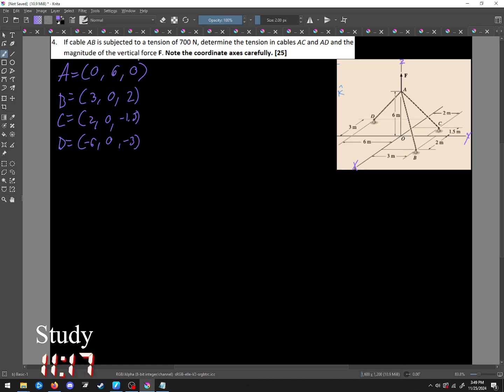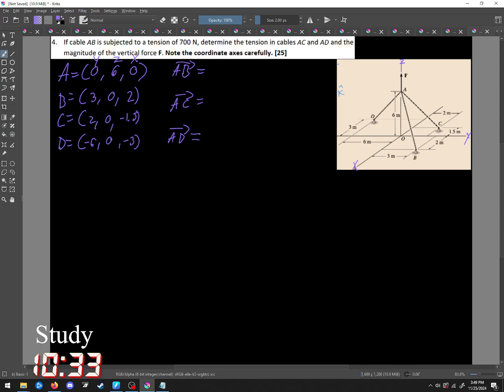Now you'd think this would be x, y, z, but what this is really is y, z, x. And with this, we can find vector AB, we can find vector AC, and we can find vector AD.